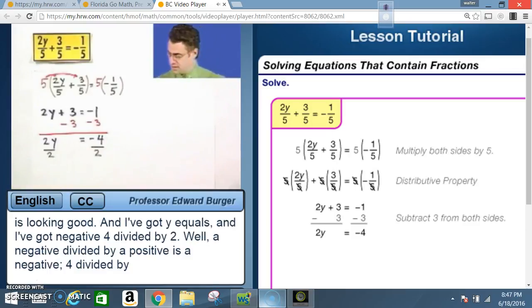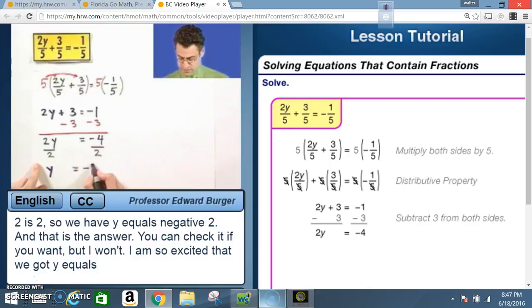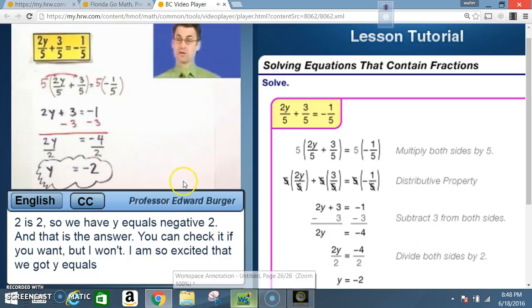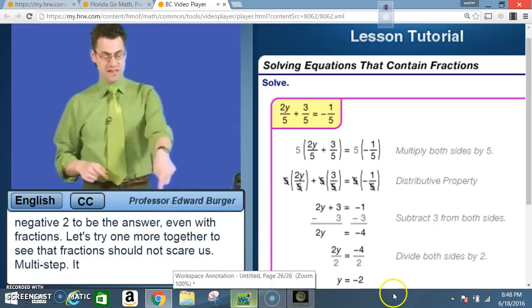This is looking good. And I've got y equals negative 4 divided by 2. Well, a negative divided by a positive is a negative. 4 divided by 2 is 2, so we have y equals negative 2. And that's the answer. You can check if you want, but I won't. I'm so excited that we got y equals negative 2 to be the answer, even with fractions.